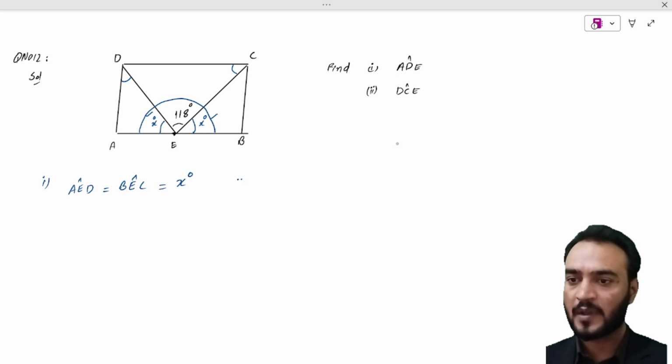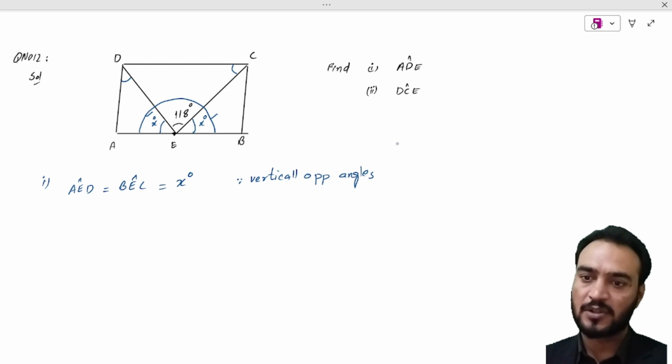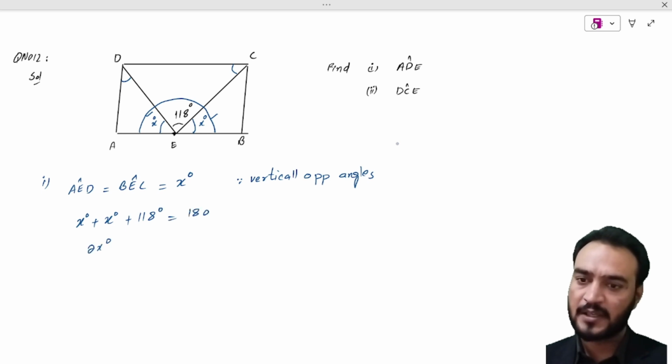We have considered these two angles equal to x degrees, which are vertically opposite angles, and we write the reason over here: vertically opposite angles. So that's why they are equal. Now we put their sum equal to 180 degrees. So x degrees plus x degrees plus 118 degrees is equal to 180 degrees. 2x degrees is equal to 180 minus 118 degrees.